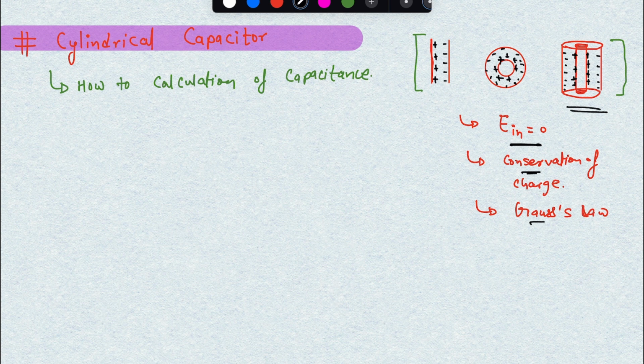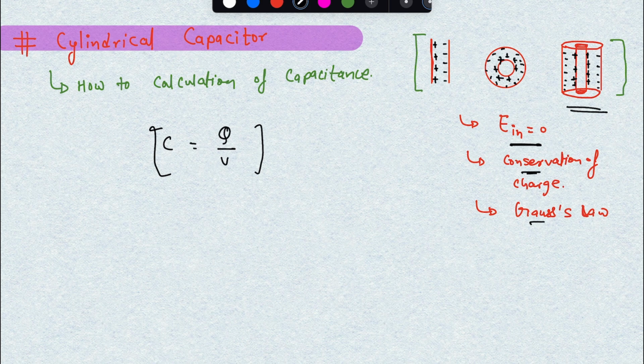See, when we talked about capacitance in the beginning, we said that capacitance is a property of a conductor to store charge. Then we defined this property C, capacitance, to be equal to the charge stored per unit of voltage.